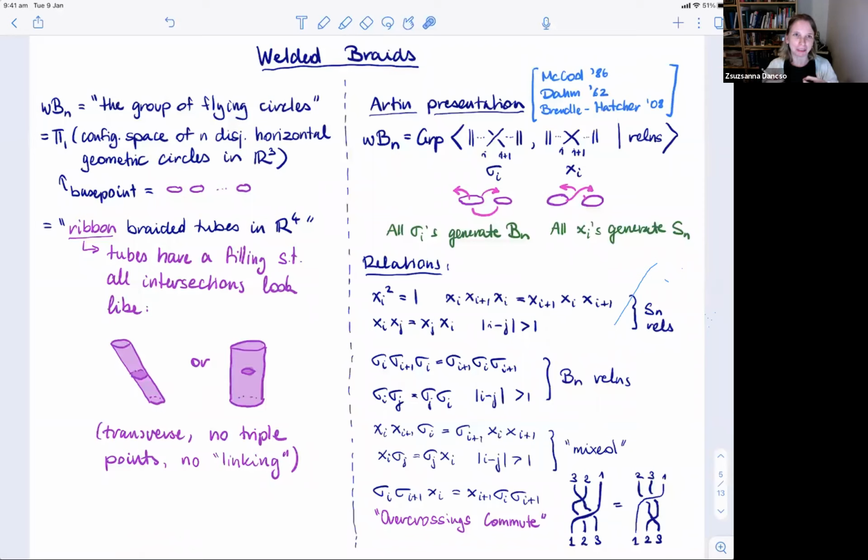When I say geometric circles, I mean these are not some crazy loops, they are actual circles, but their size is not fixed and they have to be horizontal. And just lining up those n circles in a row with some given distance from each other and making them, say, unit circles.